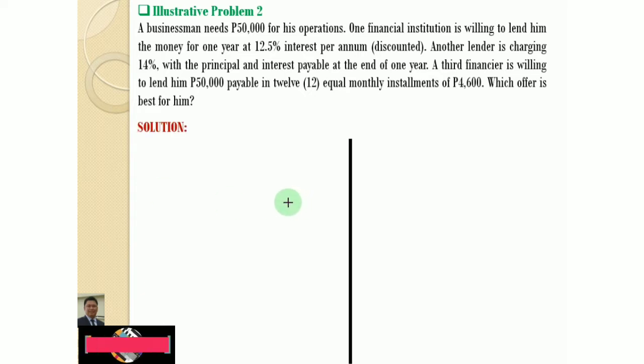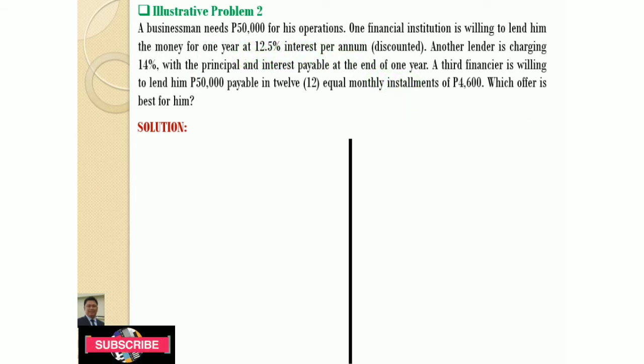our approach will be, first we are going to study the first offer, with this one financial institution willing to lend him the money for 1 year at 12.5% interest per annum.